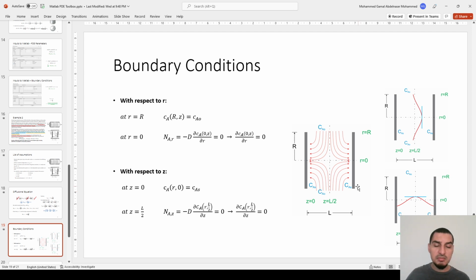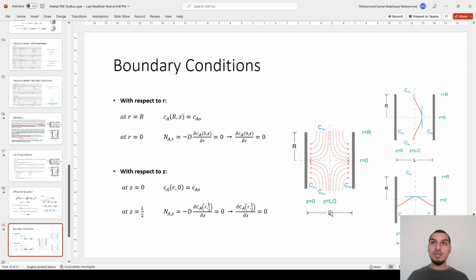The other boundary condition is that at R equals 0, which is this dotted line here, there is an axis of symmetry, which means that the flux above is equal to the flux below, and that's why we'll have no flux in this place. The same for the z direction: we have constant concentration at z equals 0 and at z equals L, and this is CA S, and we know that the flux at the axis of symmetry is 0.